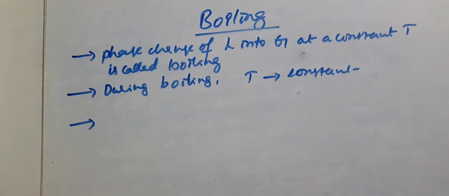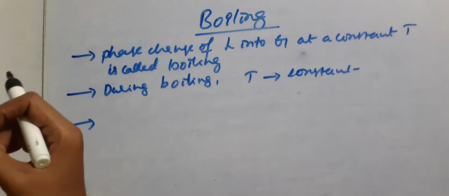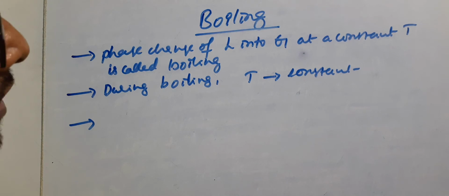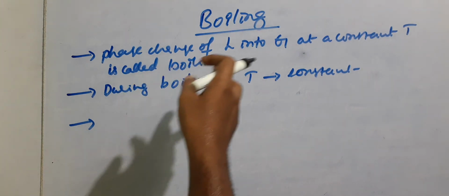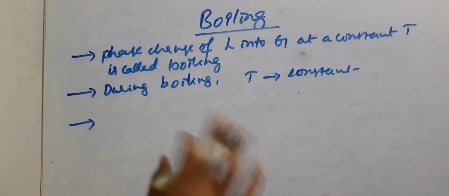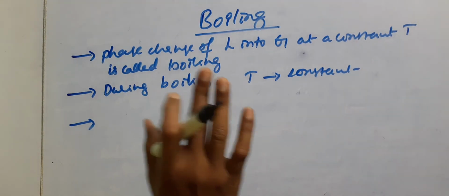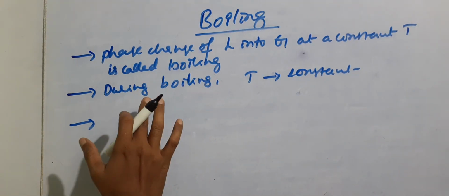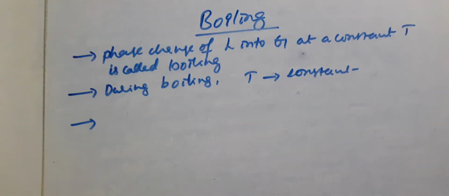On supplying the heat energy, the temperature of the liquid rises up to its boiling point. Then the change of liquid into gas will start. Till the whole liquid changes into gas, the temperature of the liquid does not rise, it remains constant. That is why during boiling, temperature is constant.